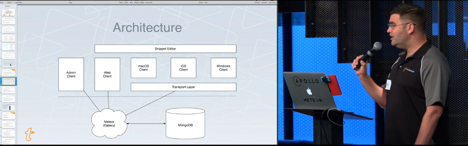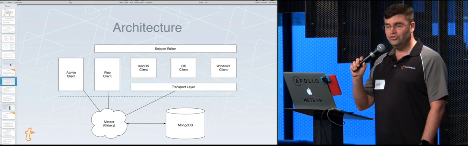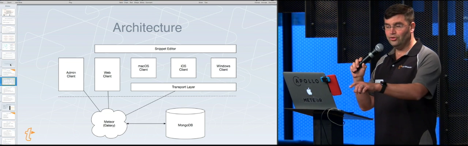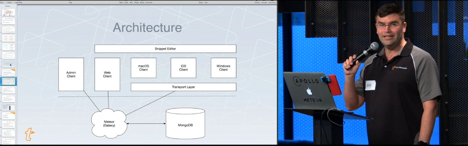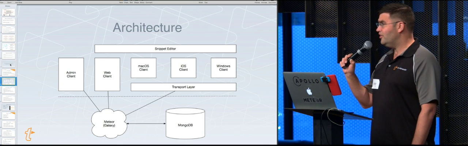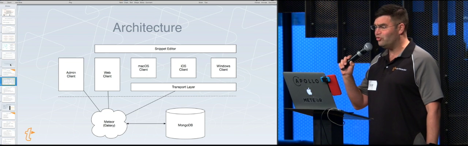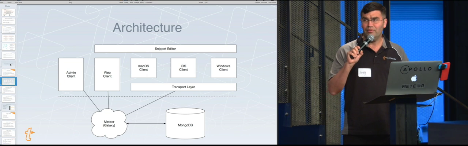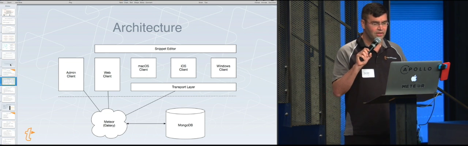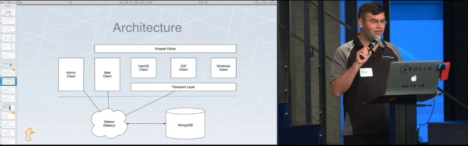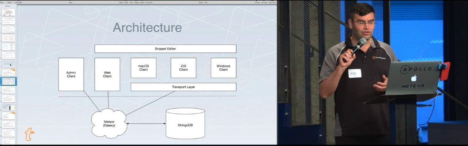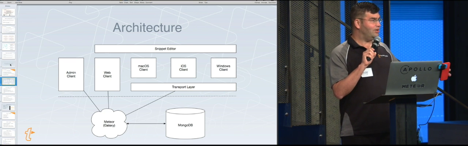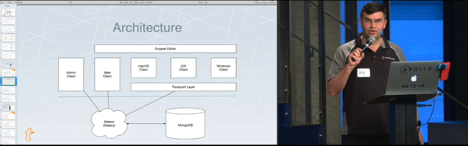This is a little bit about the architecture of TextExpander. So at the bottom, you're very familiar with the Meteor application server and the MongoDB database. And so we're using Galaxy, Meteor's application platform, and we're using MongoDB Atlas for our database. On top of Meteor, we've got our admin client, and that's probably the most traditional architecture where we have the very straightforward web app that you saw Maia demonstrate earlier.